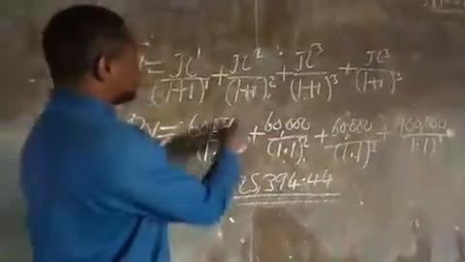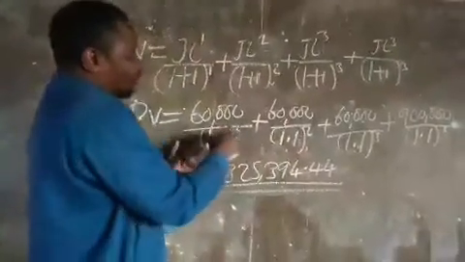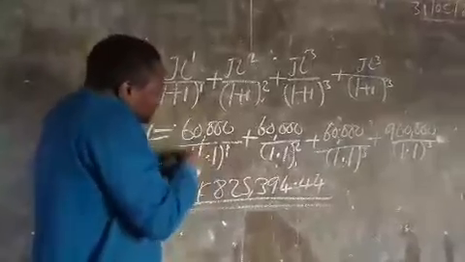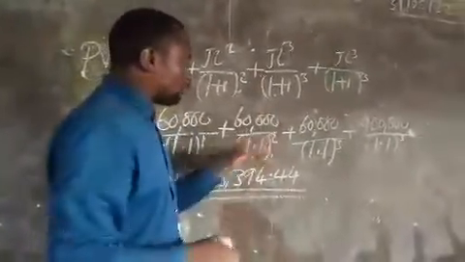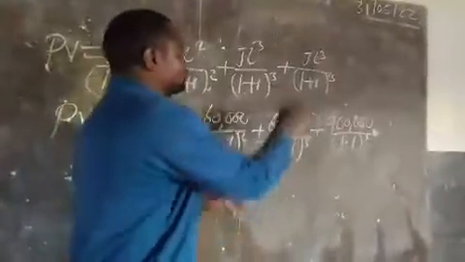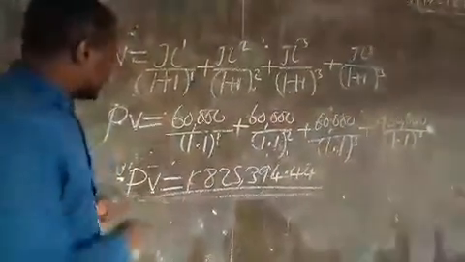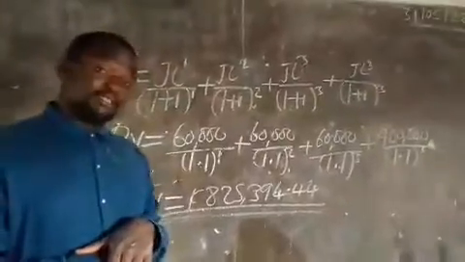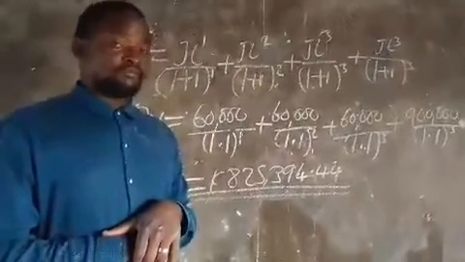That's why we are just putting 60,000 each time, but the powers down here are what you apply: 1.1 to the power 1, 1.1 to the power 2, 1.1 to the power 3, 1.1 to the power 3. Then you divide into the figures on top, and that will automatically give you the present value of the firm.